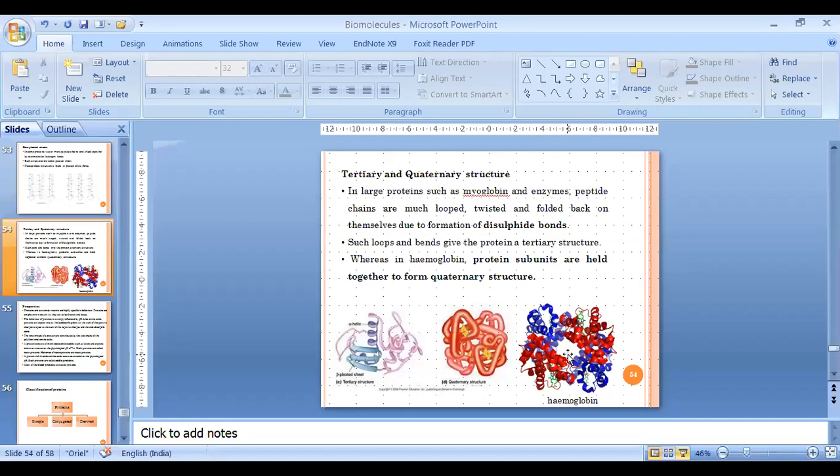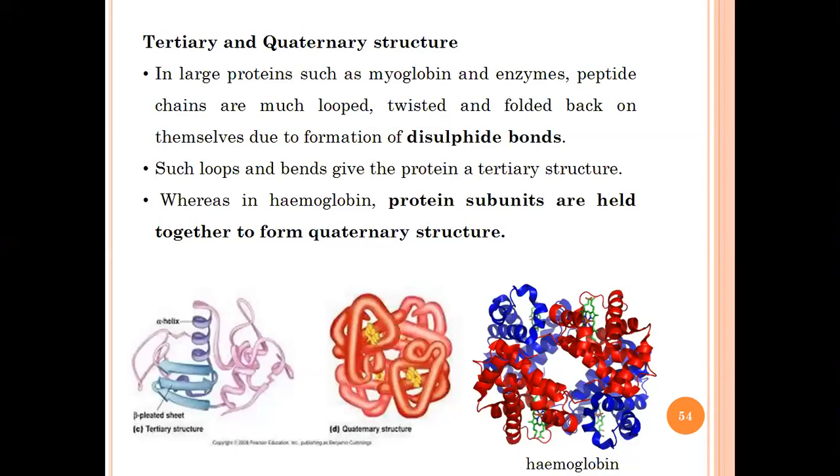By the way, none of you are asking any question like, what is myoglobin? Just because I have written it there and said it, you all just listen, but you don't ask any questions. What is myoglobin? What are enzymes? Anyone?